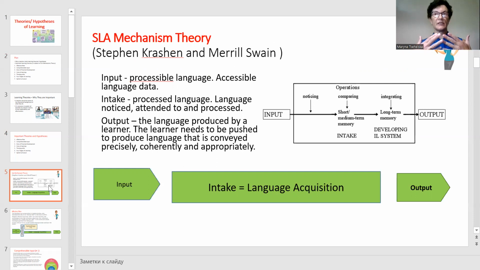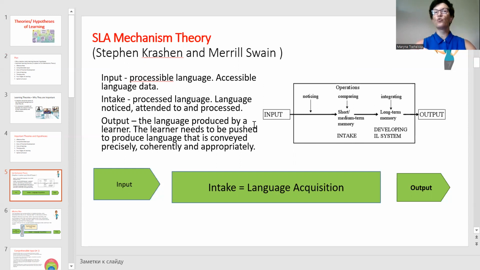Second language acquisition means that we don't learn a language, we acquire it. And you already can tell that it's true because we understand that we don't know about the language, we get the skill. So, 2 important people here, Stephen Krashen and Merrill Swain, they talked about such a scheme of acquiring a language.